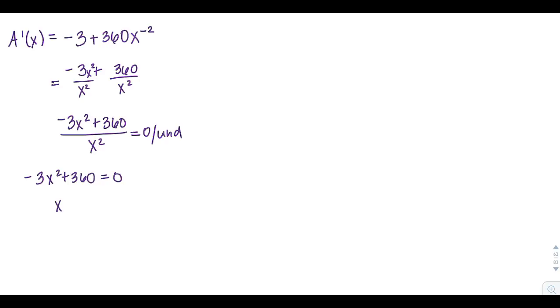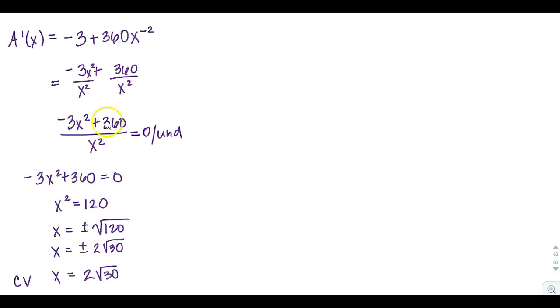And I end up getting x squared would equal 120, or x equals plus or minus radical 120, or x equals plus or minus 2 radical 30. And we know that it doesn't make sense to have a negative x value because x was the side length of the base of the poster. So we only have x equals positive 2 radical 30 as a critical value.